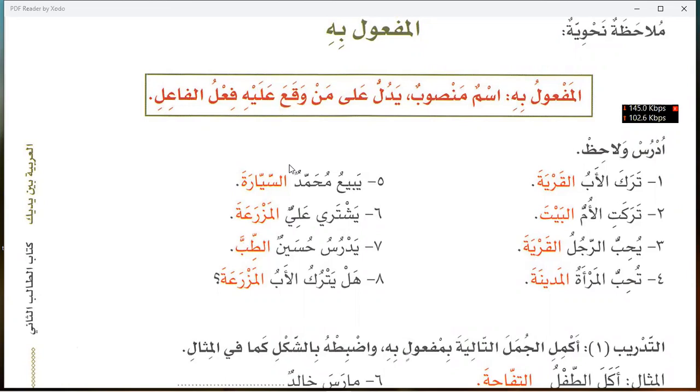Yadrusu Husaynun at-tibba. Hussein studies medicine. Tadrusu Husayn at-tibba. Hussein studies medicine.